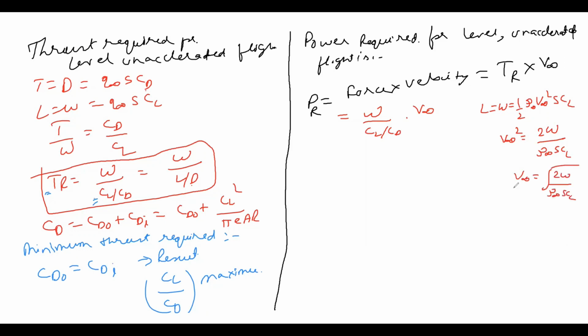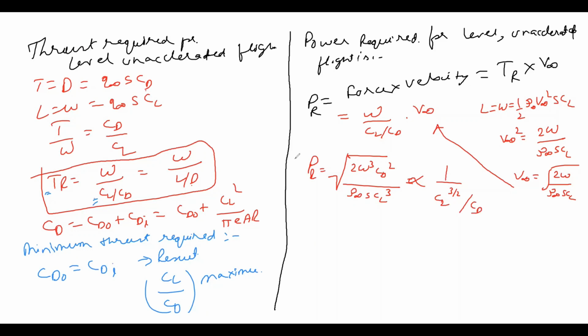So when you put this V infinity here, the formula that we finally get will be power required equal to square root of 2W cube CD square upon rho infinity S CL cube. So technically it will be proportional to 1 upon CL to the power 3 by 2 by CD.